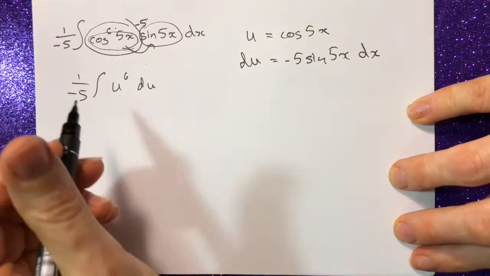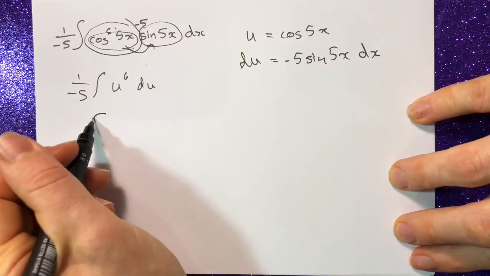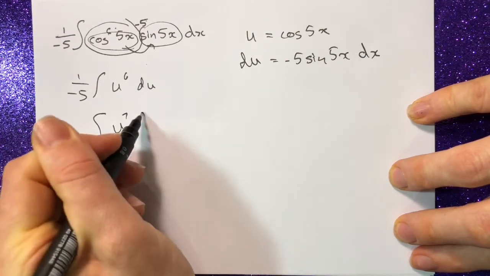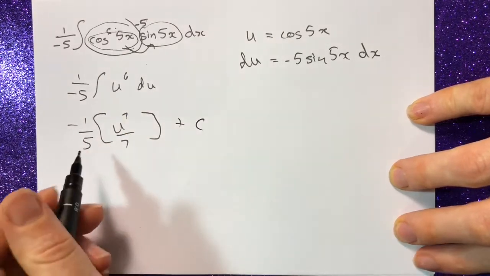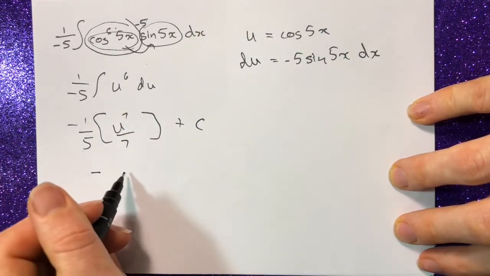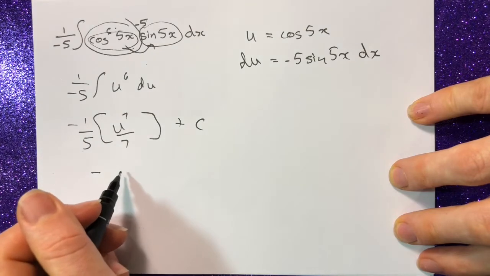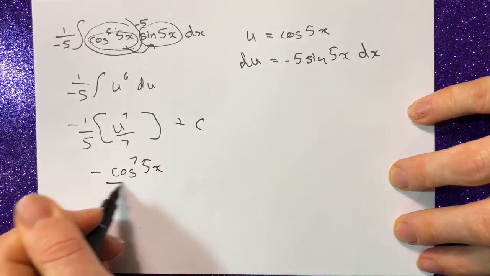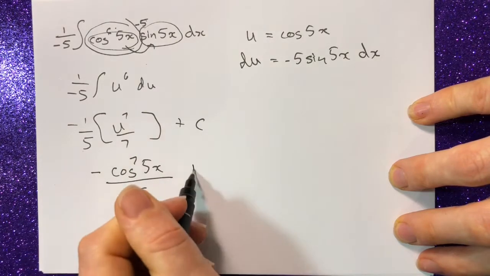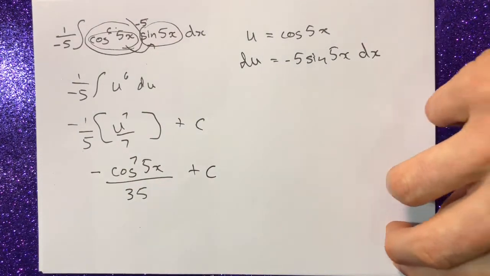And then I can go, great, that's going to be u to the 7 on 7, 1 on 5 out the front, plus c, times these guys in, so negative 1 of u was cos to the 7 5x over 35, plus c. Still not that bad.